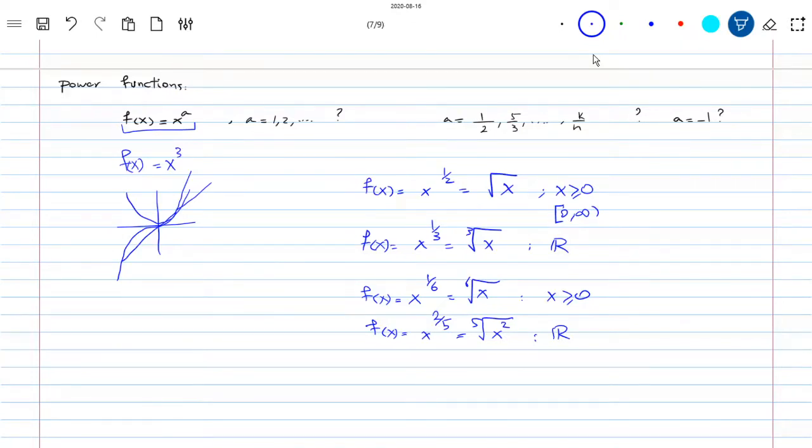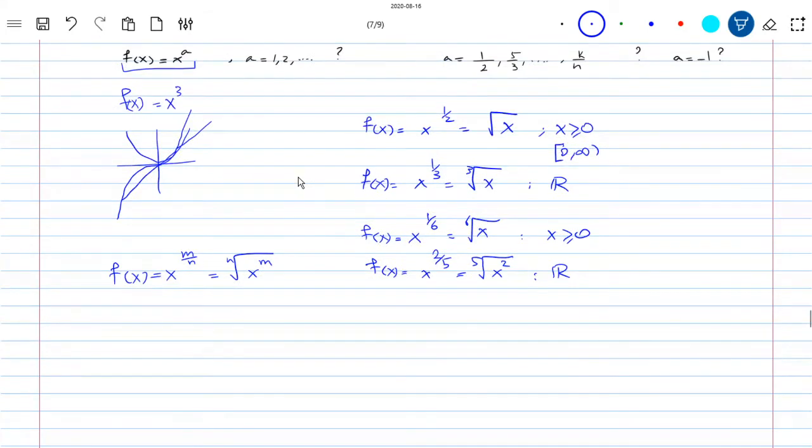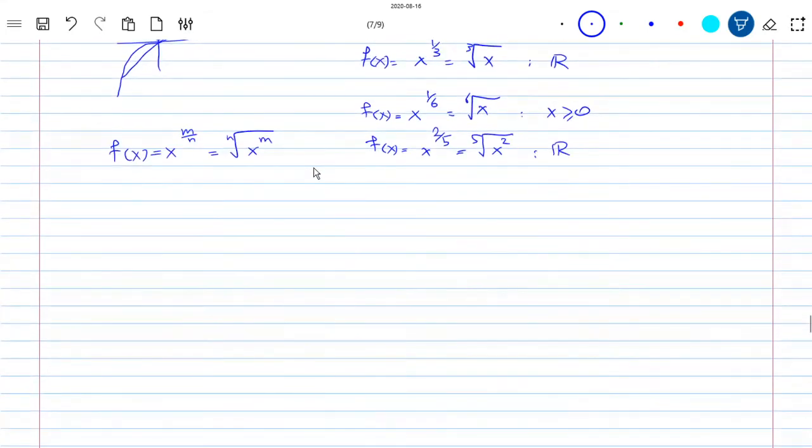So in the general case, if I have a fraction, f of x equals x to the power m over n, this means x to the power m, nth root of that. You guys remember this probably, maybe not for the general case, but at least for x to the power 1/2. The general is nothing different. It's just the extension of it.